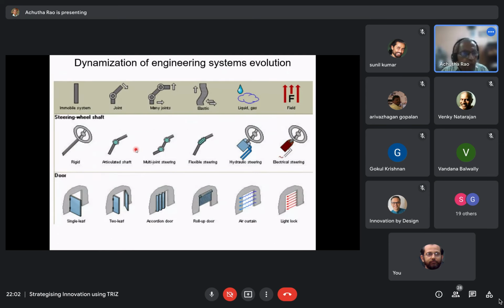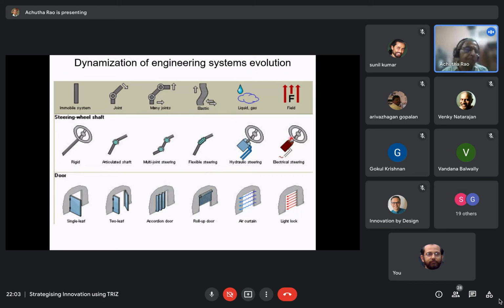Okay. And so this again is going from rigid to, probably, electrical field. We'll have electrical steering tomorrow. We have moved from hydraulic systems to electronic systems, etc. All this knowledge is available to me. If I have the ability to invest in new technologies, I can actually jump from here to here.